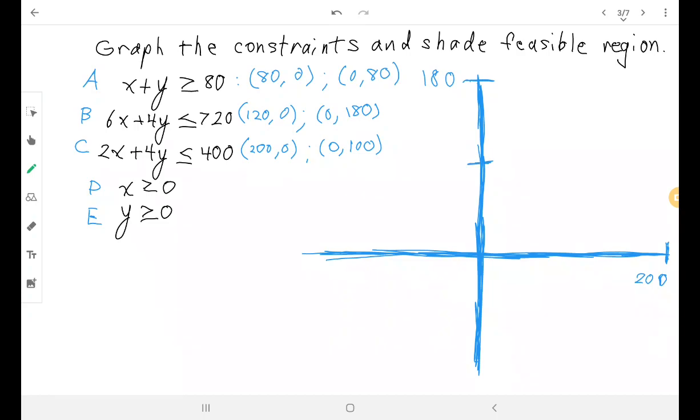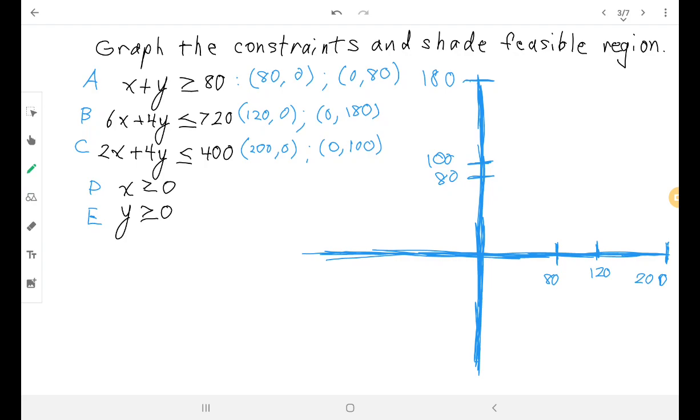We need a y value at about 100. We need another one at about 80. We need an x value at about 80. We need another one at about 120. And you can always do this with graphing. As long as you label it, you're good. Okay?